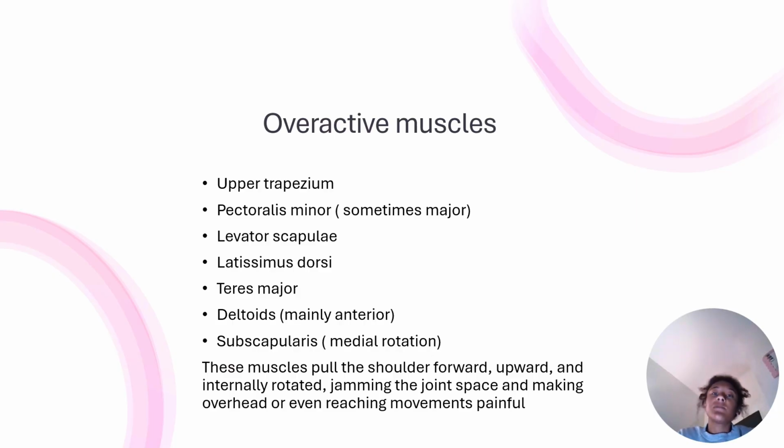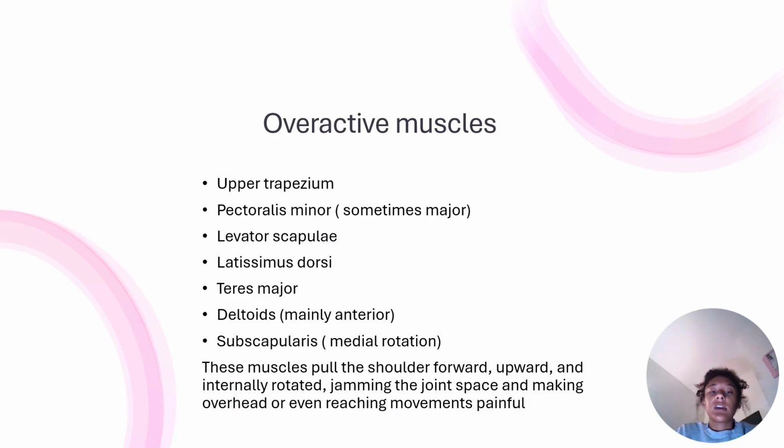For overactive muscles, we're going to be looking at the upper trapezium, aka upper traps, pectoralis minor, and sometimes major depending on the severity of the case, levator scap, lats, as well as deltoids, mainly anterior deltoids. However, some posterior deltoids are involved in this injury.